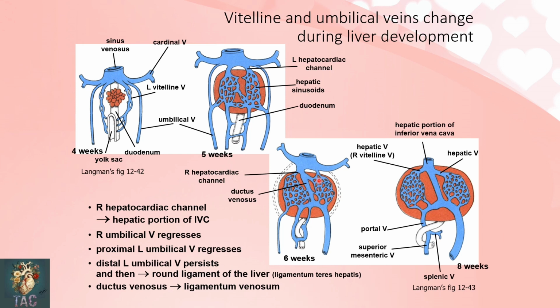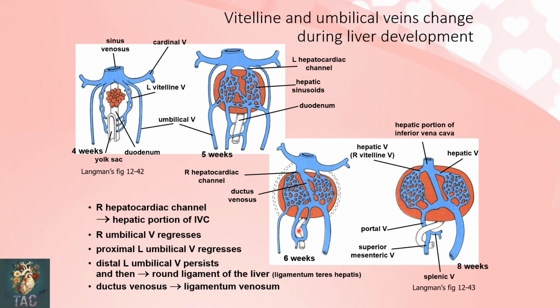With the obliteration of the proximal part of the left vitelline vein, the proximal part of the right vitelline vein forms. Later on, the distal part of the left vitelline vein also obliterates, and with the changes in the sinusoidal system, another vessel develops, called the ductus venosus, which shunts blood from the umbilical vein into the inferior vena cava.